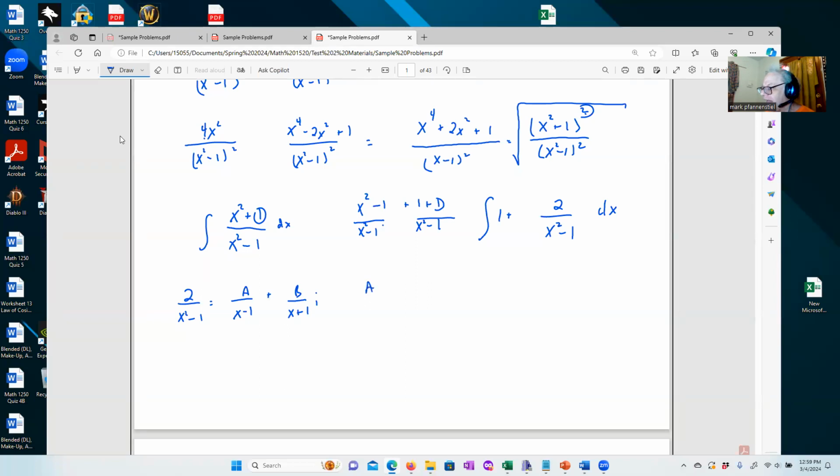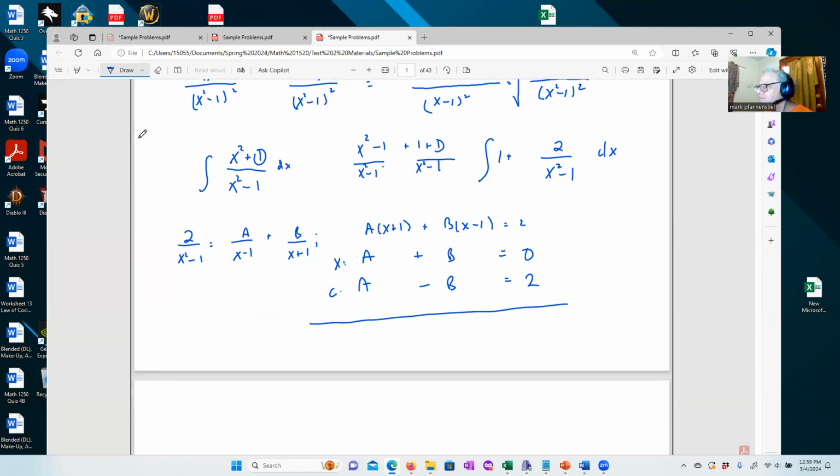So we have A times x plus 1 plus B times x minus 1 equal to 2. FOIL this out. So we have A plus B as my x terms, and there are no x terms on the right-hand side, so we equate that to 0. For my constant term, we have A minus B equals 2, which is the constant term on the other side.